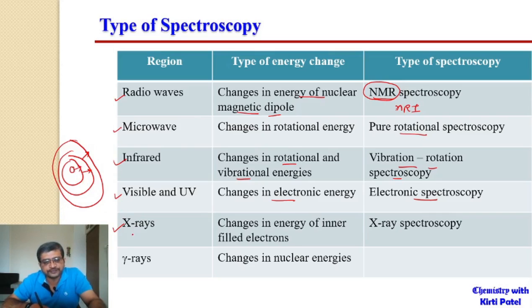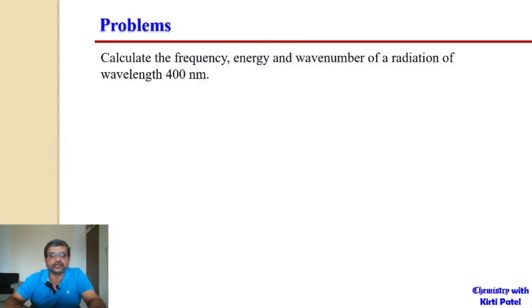While gamma rays are even higher energies and they are coming from the nuclear energies and they are causing lot of damages also. So we do not use this in the spectroscopy. We use up to X-rays only in the spectroscopy.